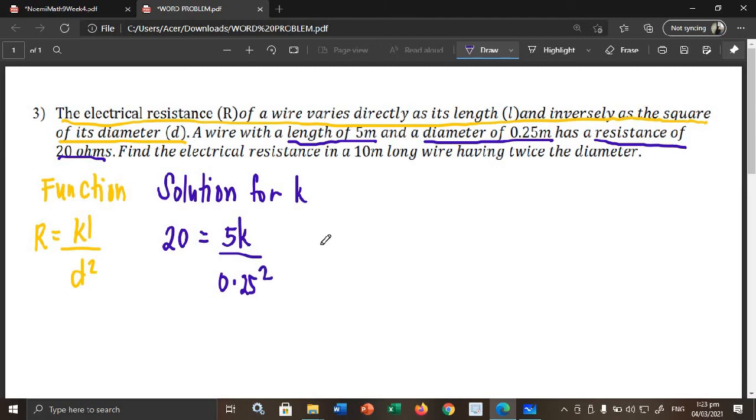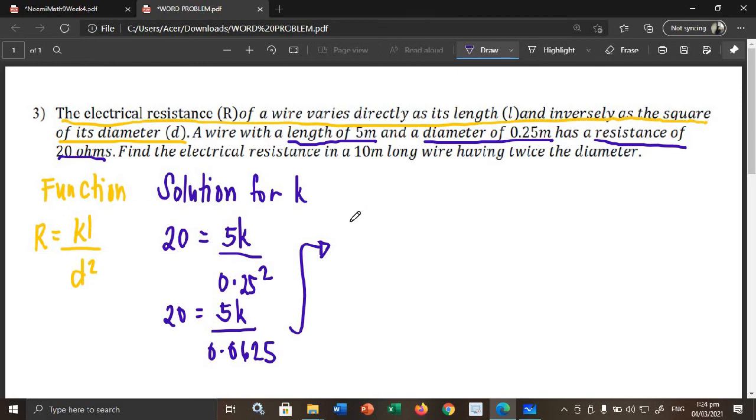And then, we now have 20 is equal to 5K over, let us simplify 0.25 squared, and you will get 0.0625.